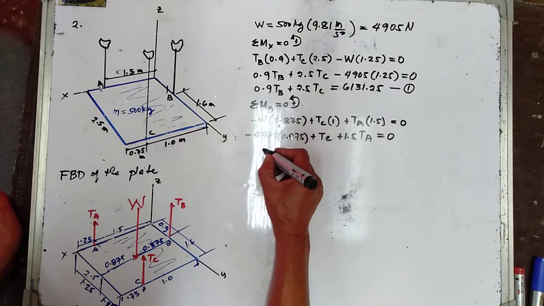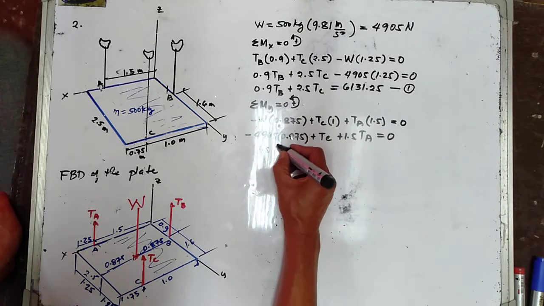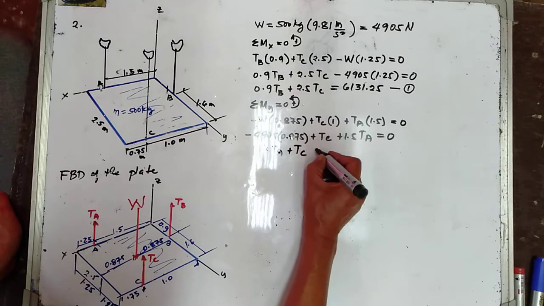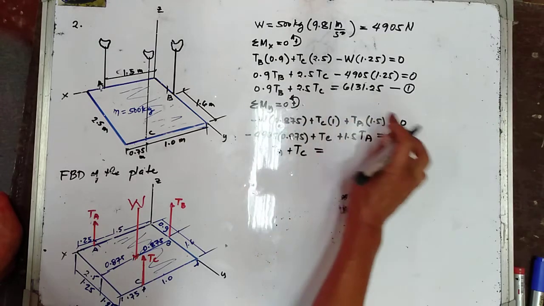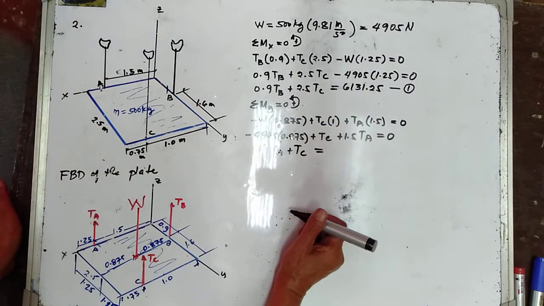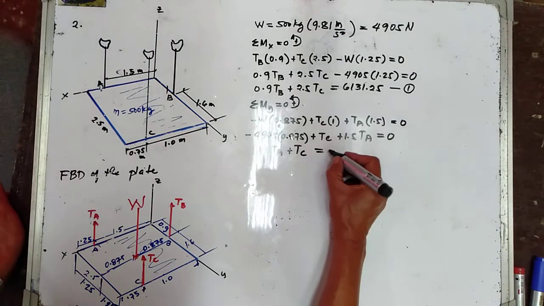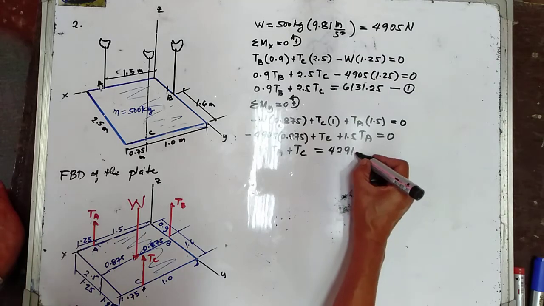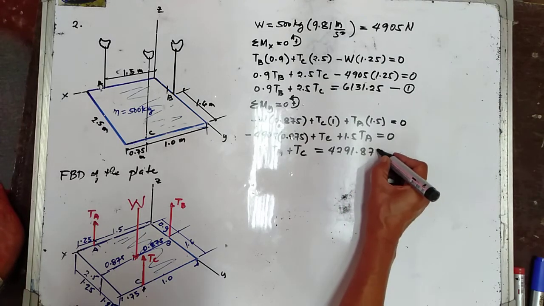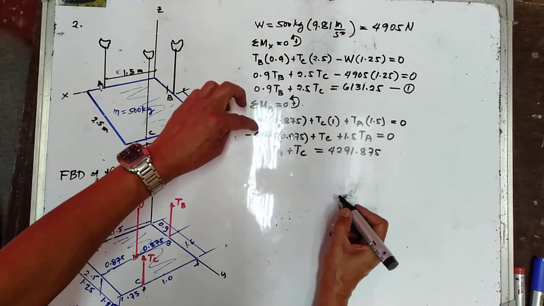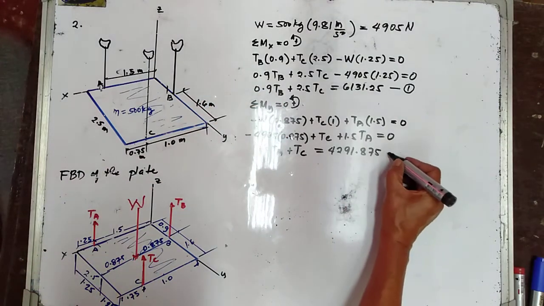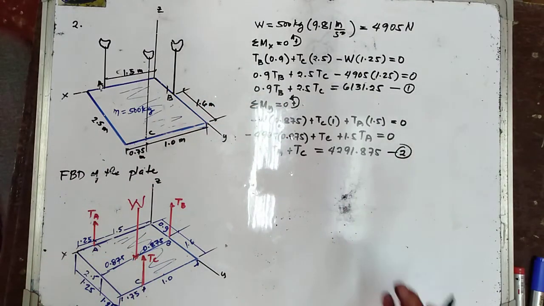So we have 1.5 T sub A plus T sub C is equal to, transposing that to the other side of the equation, 4291.875. So it's the 4905 by 0.875. This is now the second equation.